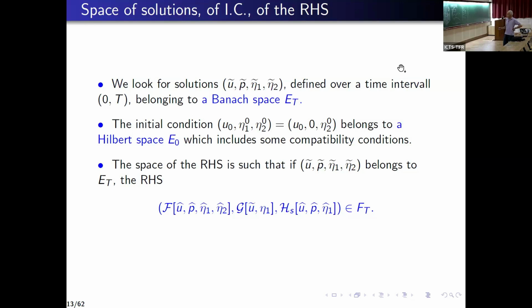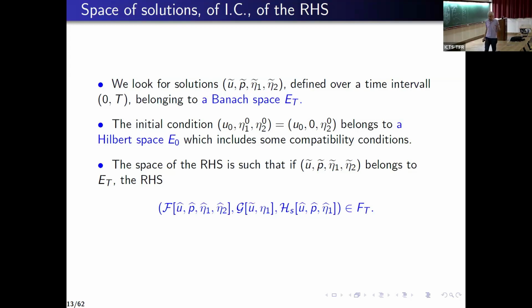I have to specify the space for the initial condition, E naught. And I am going to say in which space I have to look for the right-hand side of the equation. And so I have to specify where the nonlinear terms are. And this is in Ft. Okay, I just mention here that I take the initial displacement equal to 0.